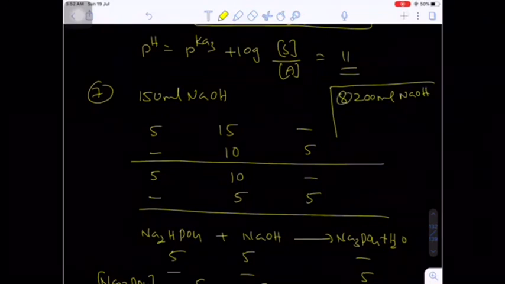And one more is given here. 200 ml of NaOH is added, and finally you will get only what? Finally in the mixture, directly I am writing Na3PO4.